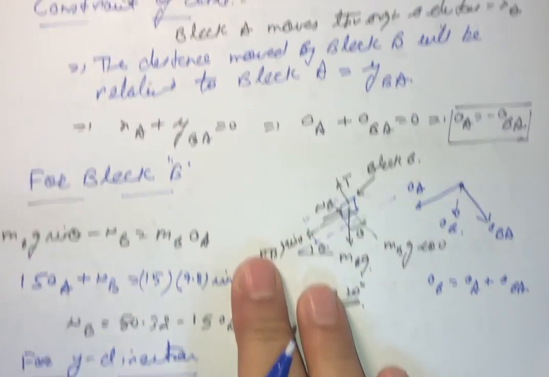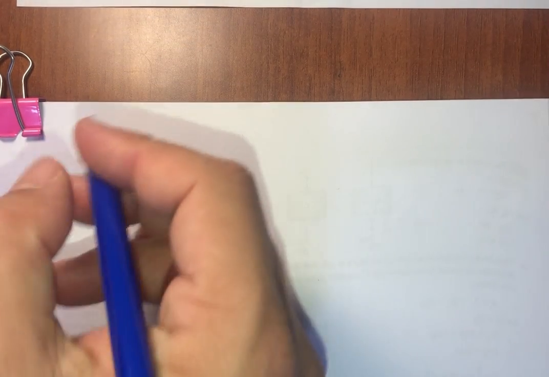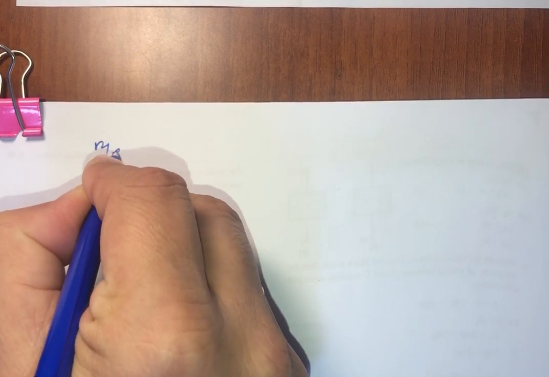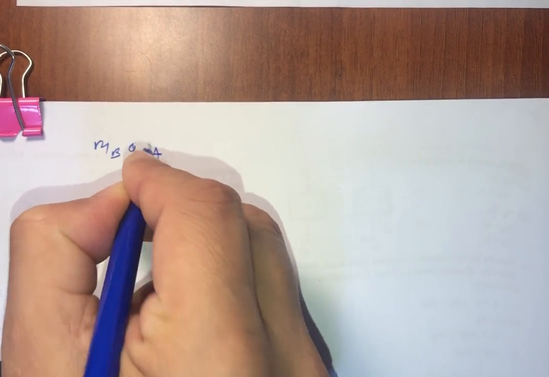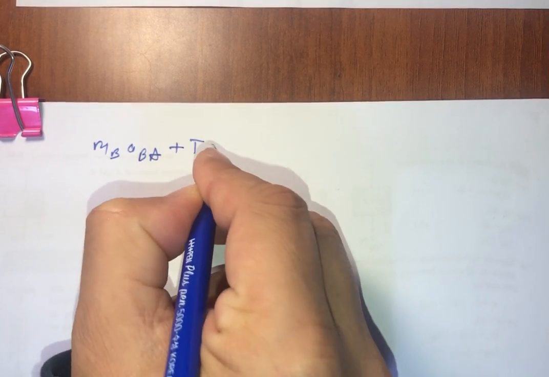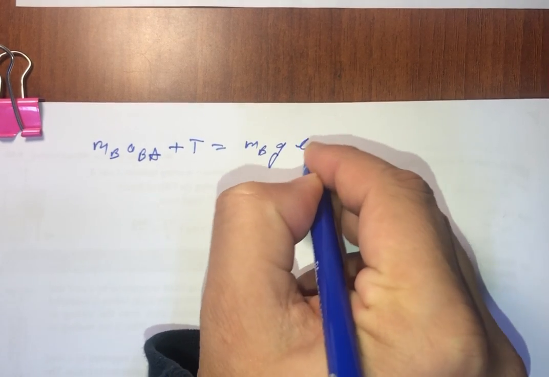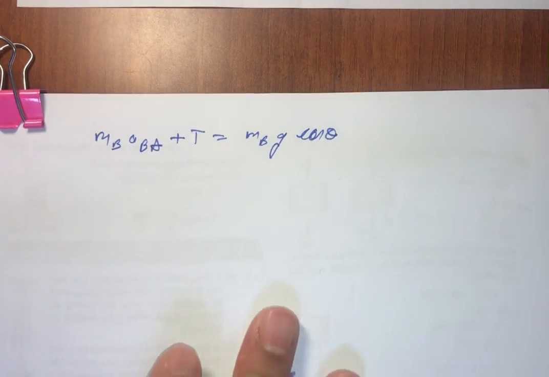Next, we substitute the values, and this equation becomes mB aBA plus tension T is equal to mBg cos theta.